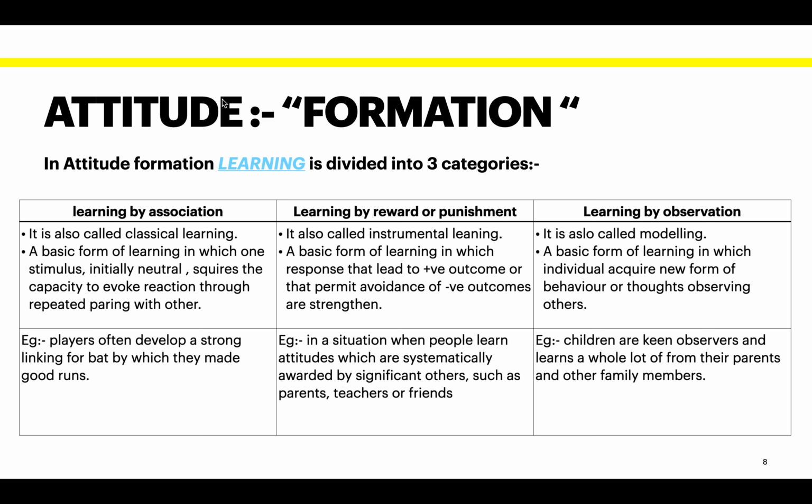So it's learning by observation. I'm not being directly in touch with that thing, I'm in the environment of that thing. I'm learning because of the environment I have been provided. So it is a basic form of learning in which an individual acquires new forms of behavior or thoughts by observing others.